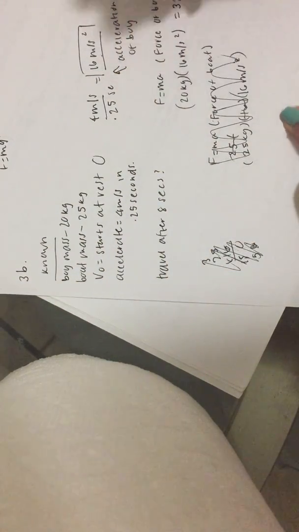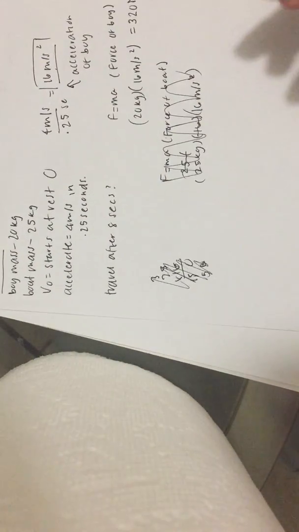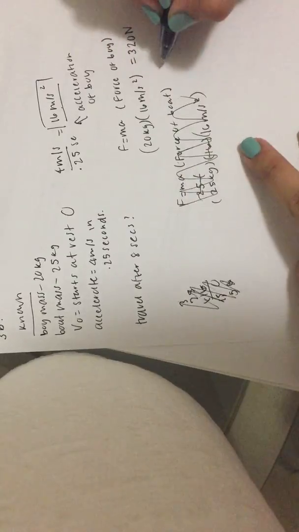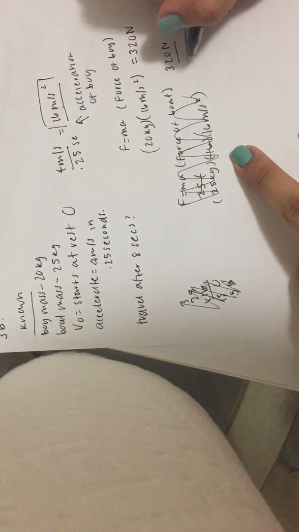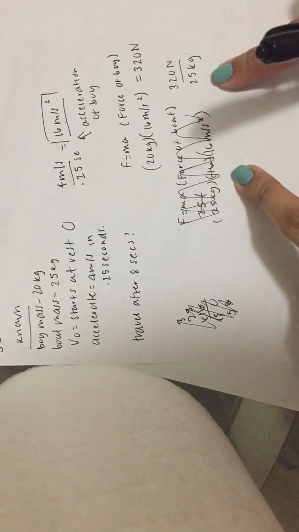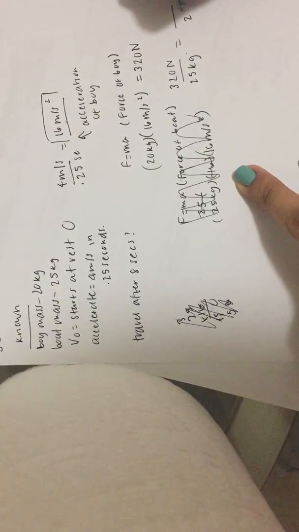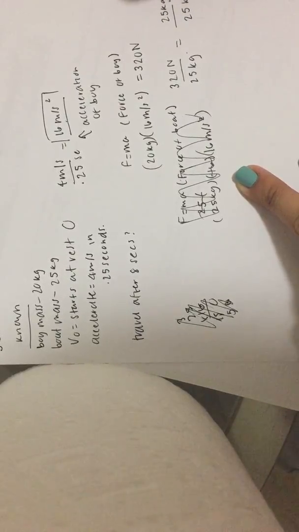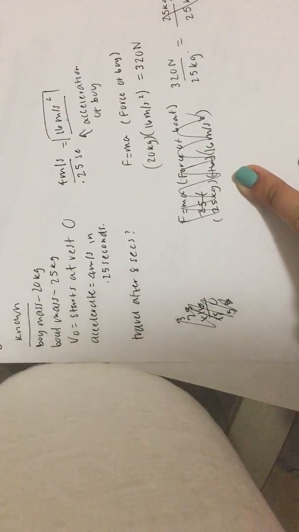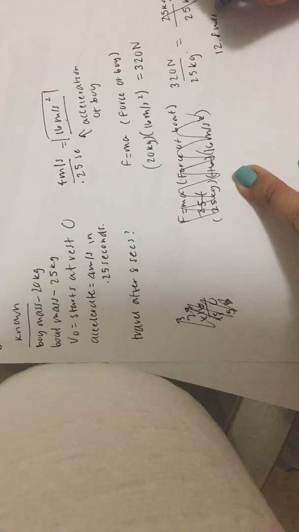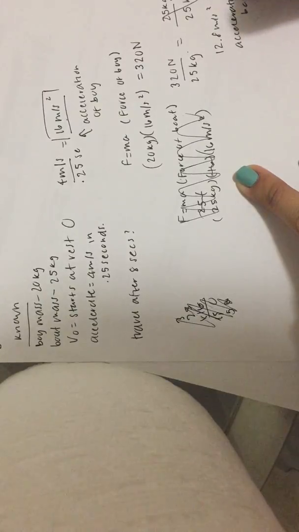Actually, no, I messed up. So you take 320 newtons divided by 25 kg, which is the boat, and that's its acceleration. You divide these, and you get 12.8 meters per second squared, the acceleration of the boat.